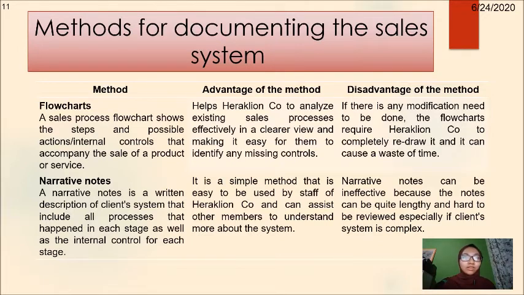The advantage of the flowchart method is that it helps the Heraklion company analyze existing sales processes effectively in a clearer view and makes it easy for them to identify any missing controls. And the disadvantage of this method is that if any modification needs to be done, the flowchart needs to be completely redrawn, and it can cause a waste of time.